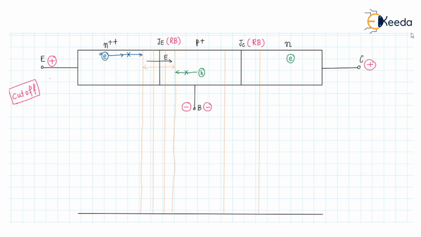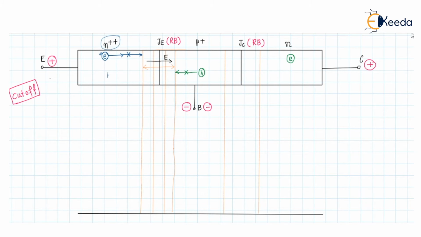But what will happen? There will be some electrons here, and since it is an N++ doping, we know there will be some amount of holes also present, since this emitter region is highly doped with N++.